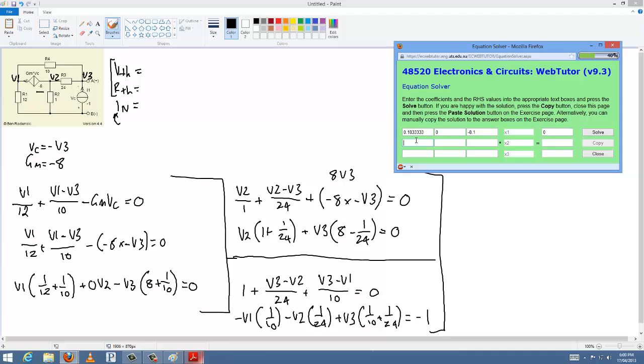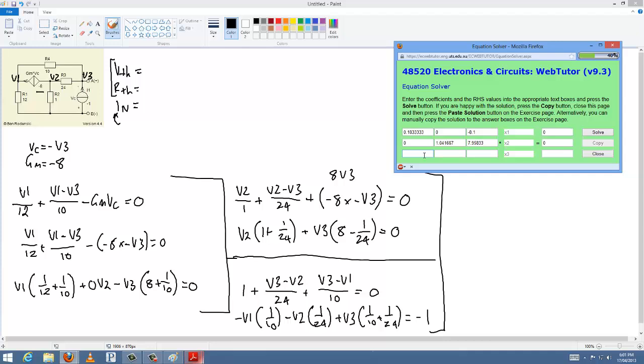For the second one, we have 1 plus 24. Oh, that's the V2, my mistake. That's 8 minus 24 there, so 7.95803. Through again.